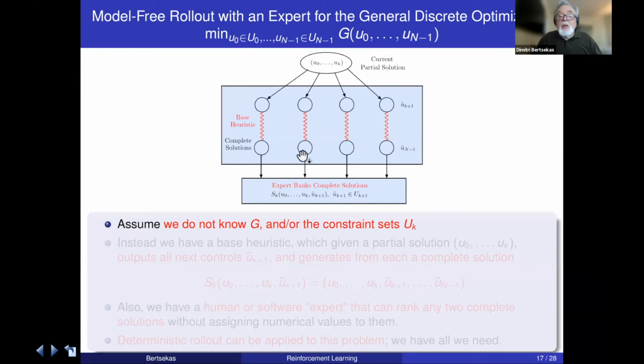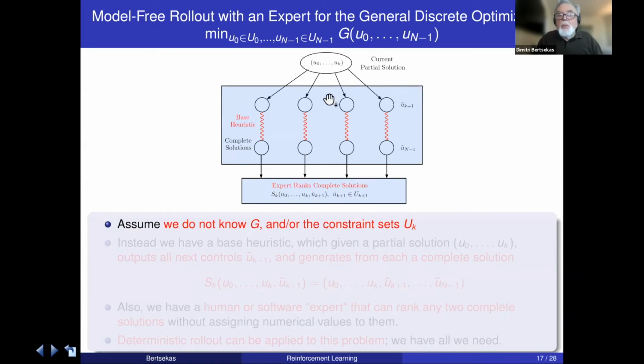Then at the end of each one of those circles, each one of those nodes, I'm going to have a complete solution. And then what I need is some way to rank the solutions, to say that this one has smaller cost or larger cost. In other words, we need some software that will rank complete solutions.